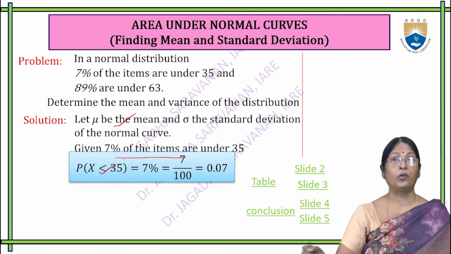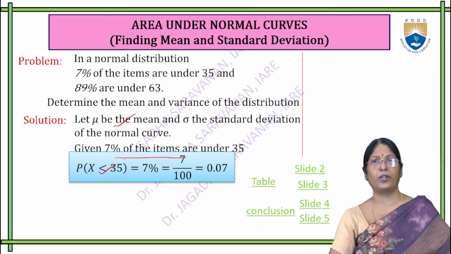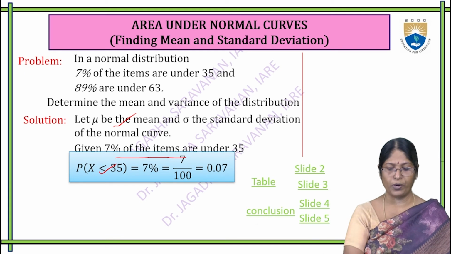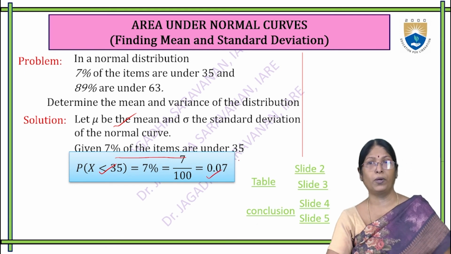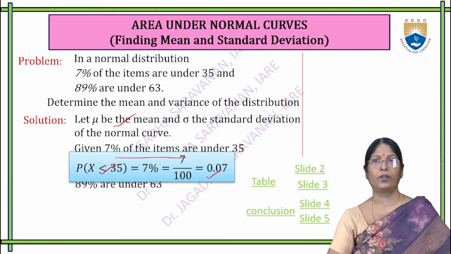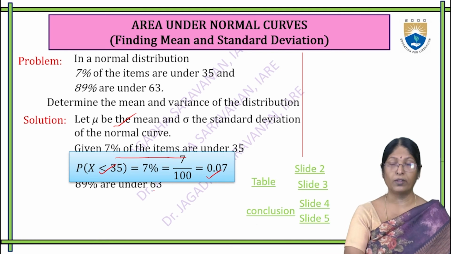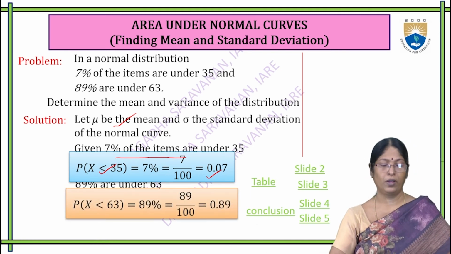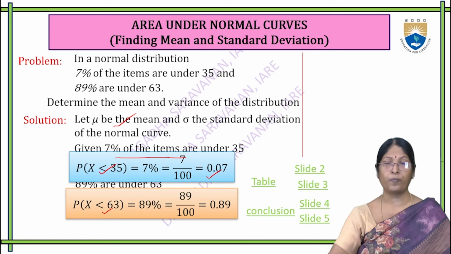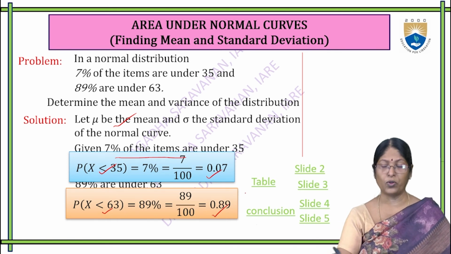Under means below, mathematically less than. 7% we converted into decimal 0.07. 89% are under 63, fine. So x is less than 63, and here the area is 0.89.